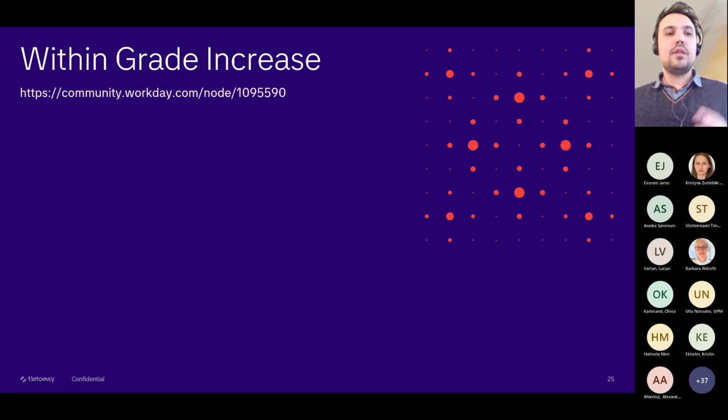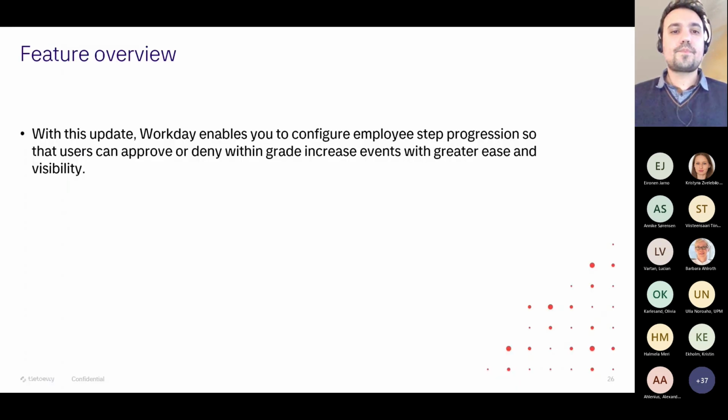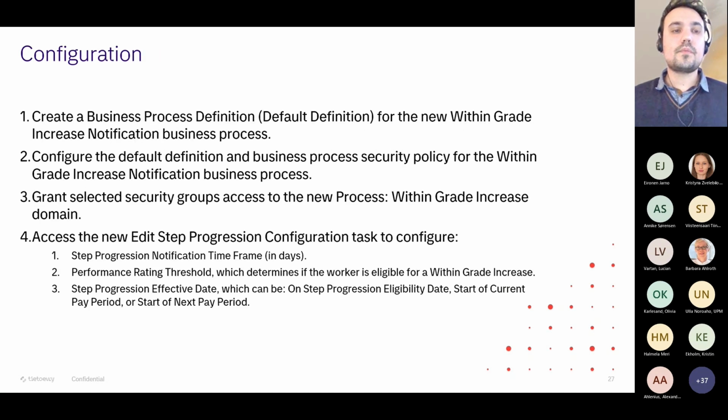The next one is within grade increase. With this update, because you sometimes have automatic progression for customers who use steps and step progression, now you can have a combination of your performance and the date based on how long a worker has been on the steps, and that gives the manager the ability to approve or deny if an employee can get a new automatic step increase.